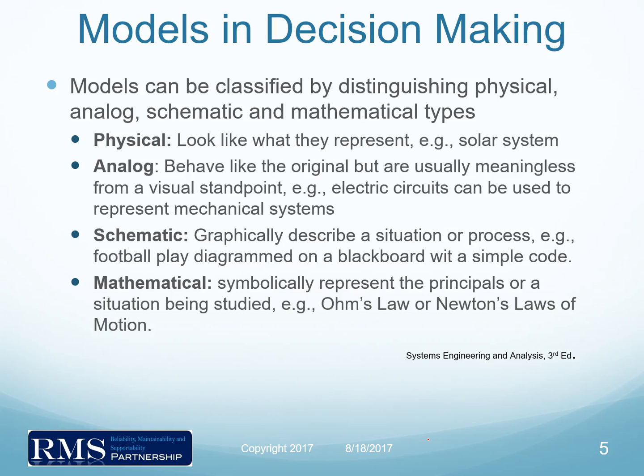Scaled down, of course, but an analog model, it behaves like the original, but they're often meaningless from a visual standpoint. This could be something like electrical circuits that are often used to represent mechanical systems, especially fluid dynamics, flow of water, the flow of electrons, the idea of capacitance, and things like that.